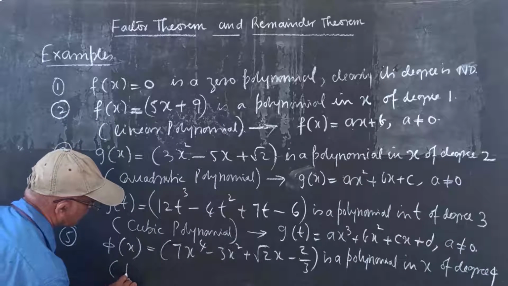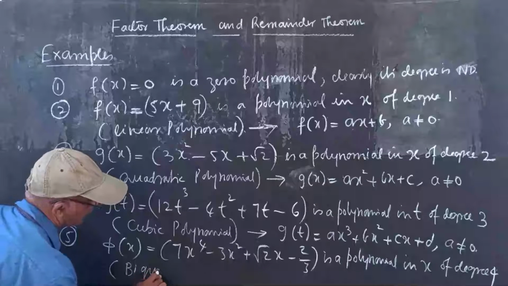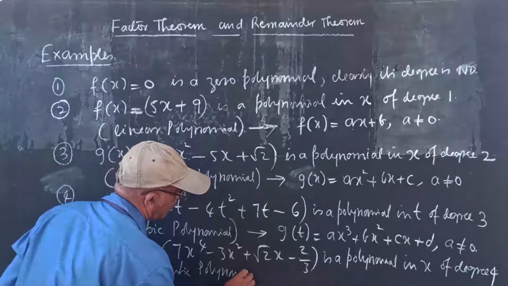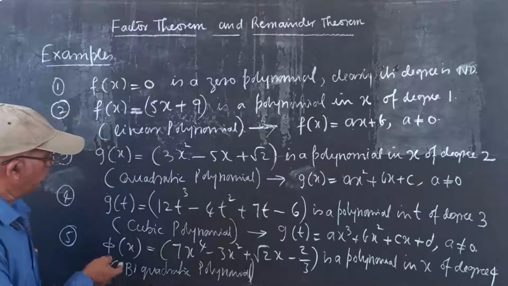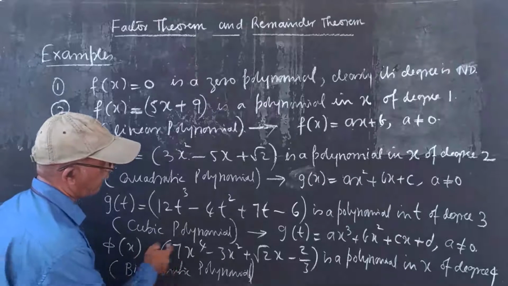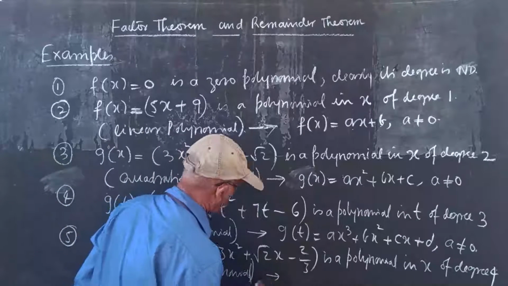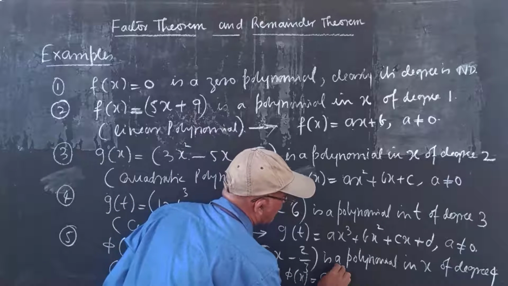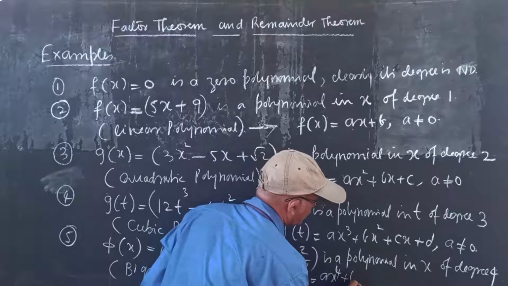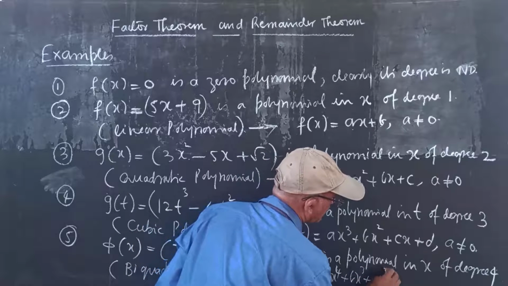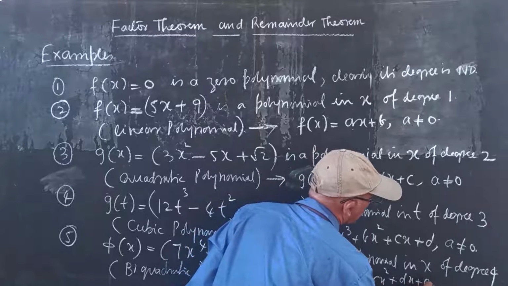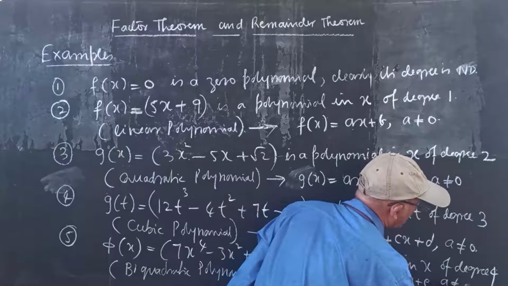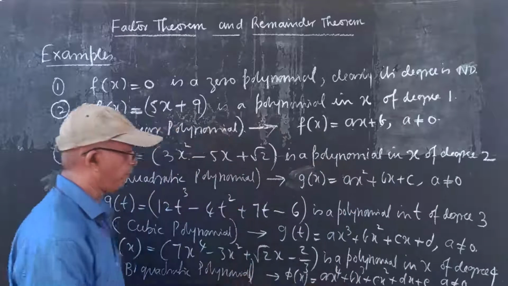It is called a biquadratic polynomial or quartic polynomial, and its general form is given by f(x) is equal to ax to the power of 4 plus bx cube plus cx square plus dx plus e, where a, b, c, d, e are real numbers and the leading term coefficient should not be equal to 0.